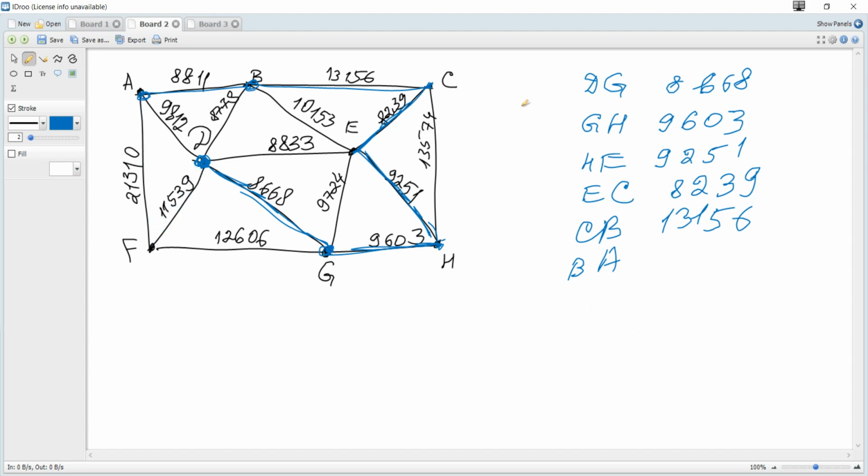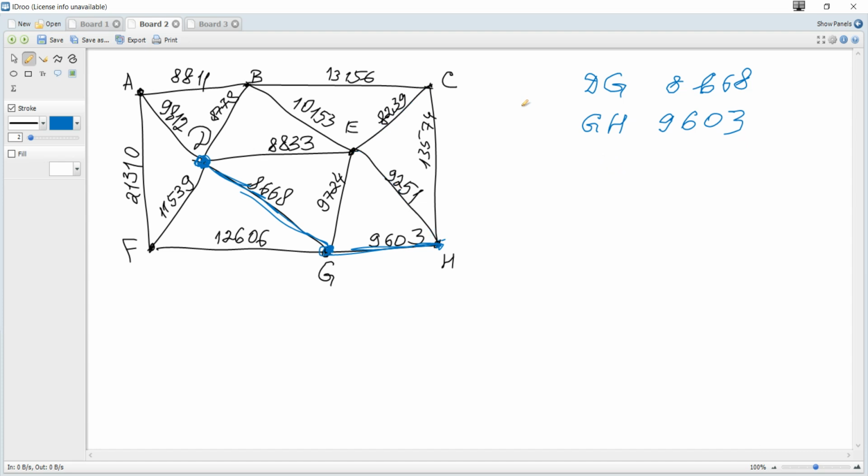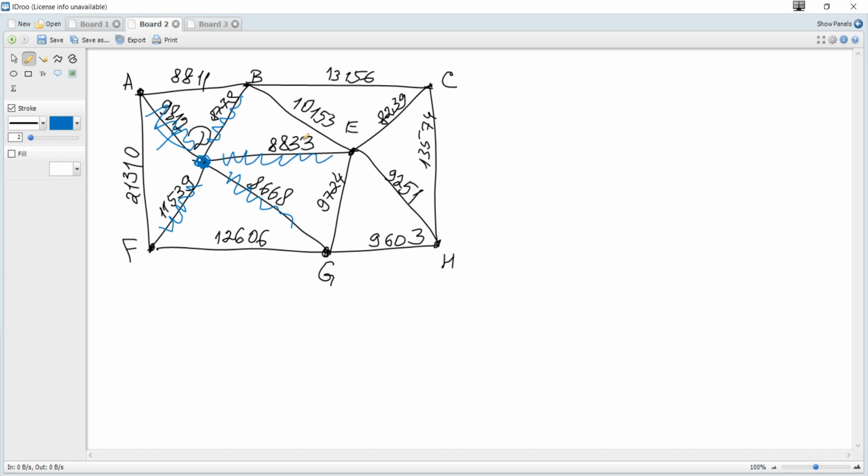By deleting D, so we delete vertex D and all adjacent edges. So we delete D and these, and this. And for the remaining graph, we find the minimum spanning tree.